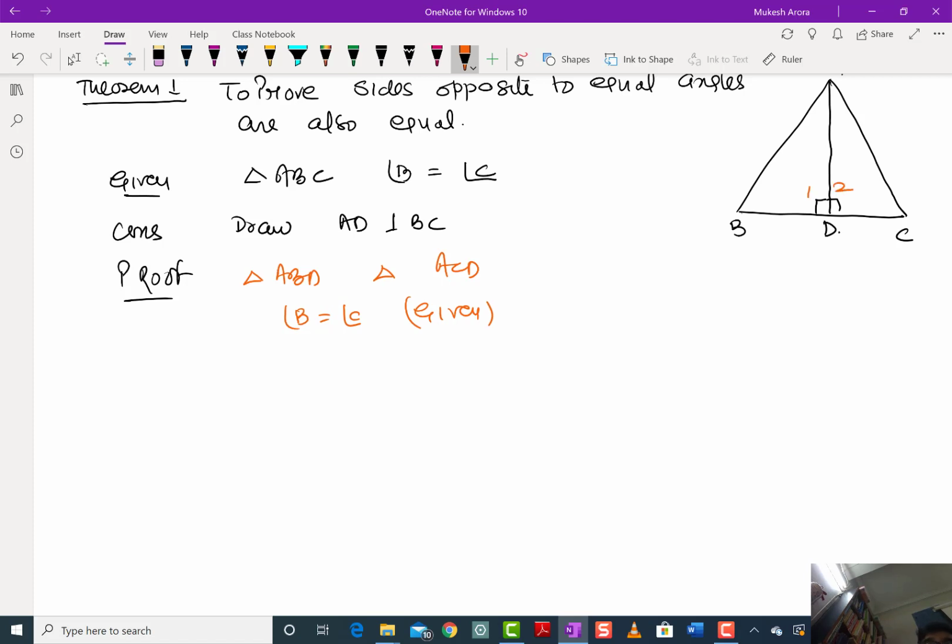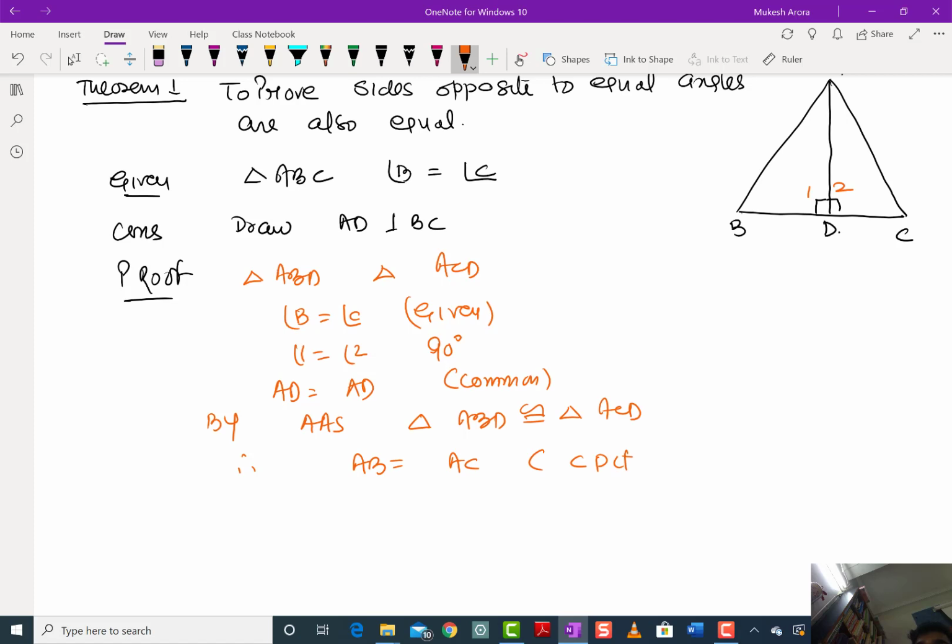Angle 1 is equal to angle 2, 90 degrees, and AD is equal to AD, that is common. By AAS, triangle ABD is congruent to triangle ACD, therefore AB is equal to AC, CPCT.